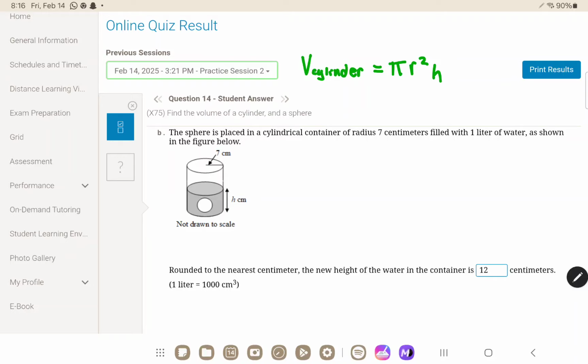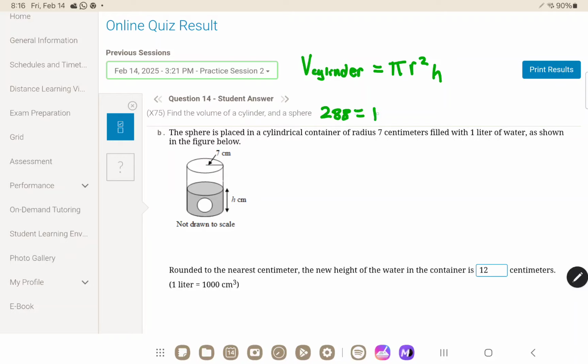Now we know that our volume of the sphere is 288. So we're going to take it as if that was our normal volume. We're going to make it our volume of the cylinder, because we want to know what percentage of the cylinder it would increase the height.